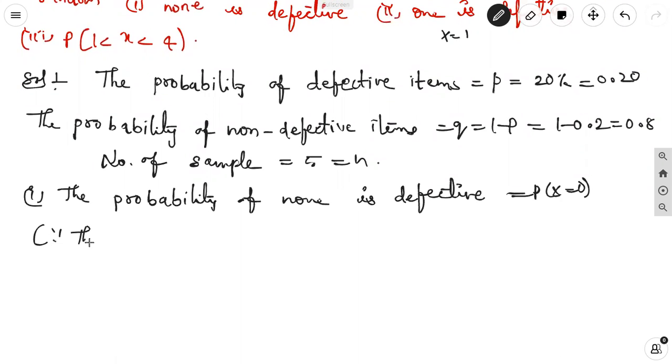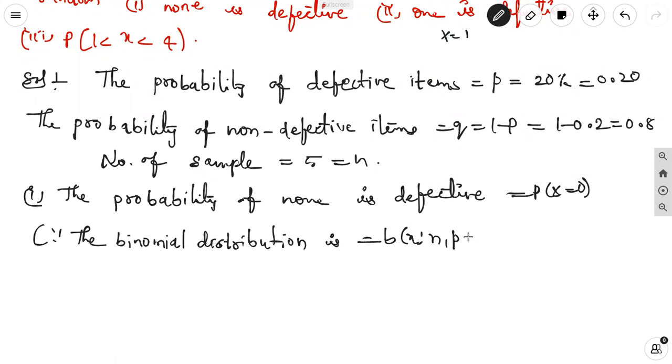The binomial distribution can be defined as B of x such that n comma p is equal to nCx p power x q power n minus x, for x equal to 0, 1, 2, 3, 4, 5. Why? Because we are taking 5 samples.